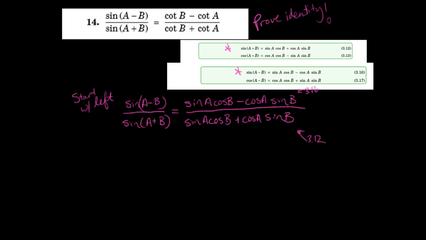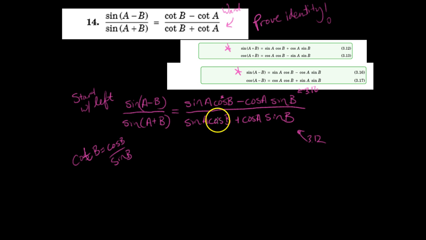All right, so now we have to do some more math trickery. And once again, think about what the outcome is, what you want. You really want the right-hand side, right? That's dealing with cotangent. So how do you get cotangent with all of these sines and cosines? Well, remember that the cotangent of B is equal to cosine B over sine B. So if I want that in my first term, I've got a cosine B, right?